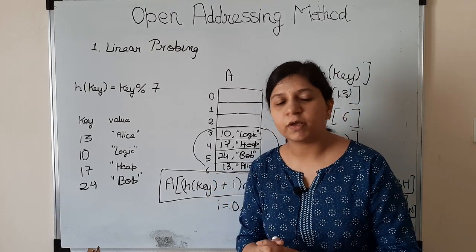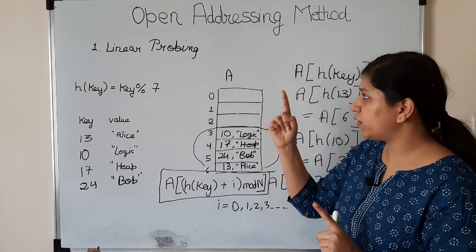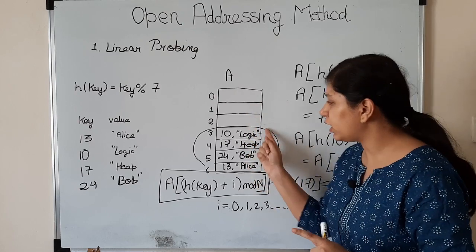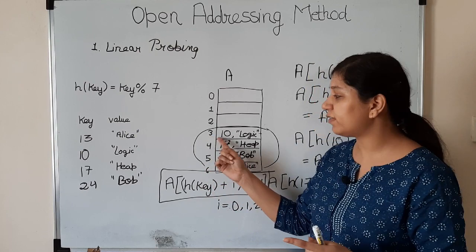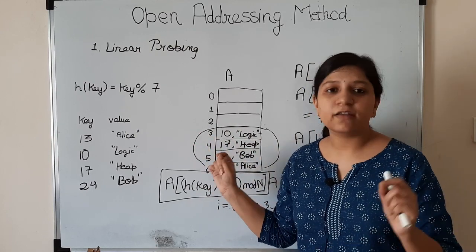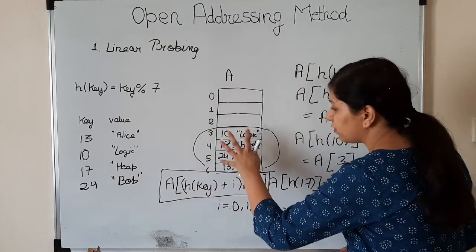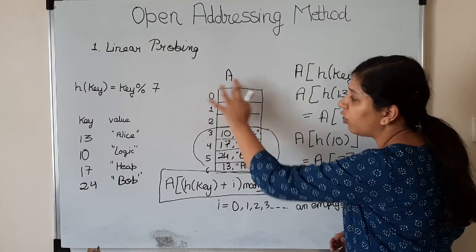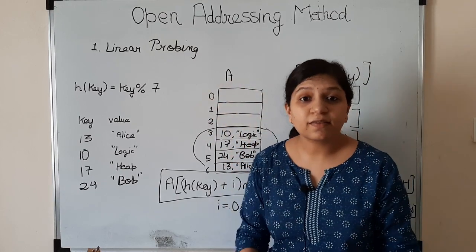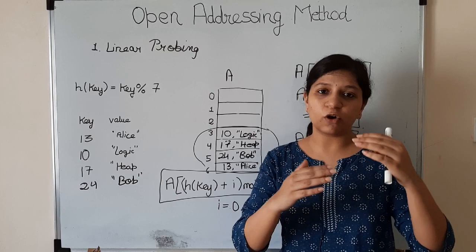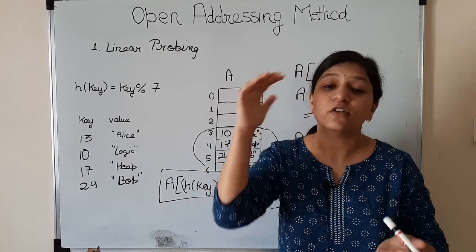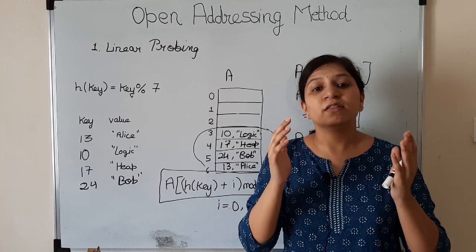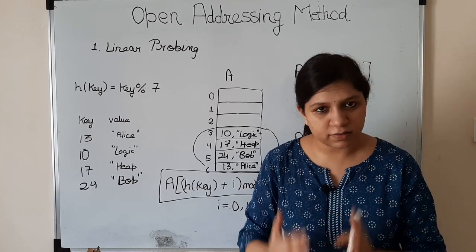Now there is one problem here. If you are using linear probing, it is going to create some sort of clusters. If there are values which are hashing to the same index, it is going to create a cluster. All these values are at one place and this all is empty. This type of clustering, having all the key value pairs concentrated at one place in the hash table, is called primary clustering.